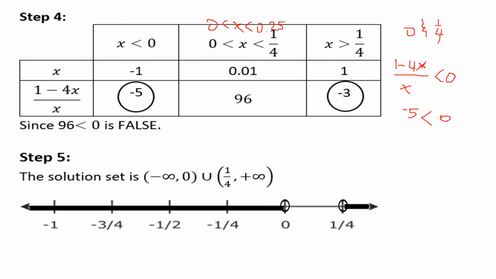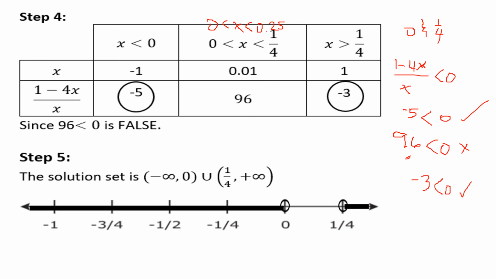That is correct, -5 is indeed smaller than 0. Next is 96 is less than 0. Is that correct? It makes our statement false because 96 is greater than 0. Next, we have -3 is less than 0. That is true since 0 is greater than -3.